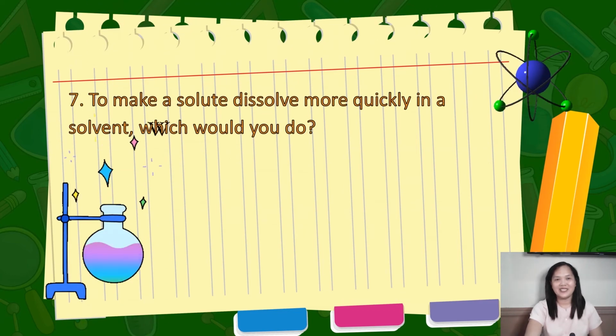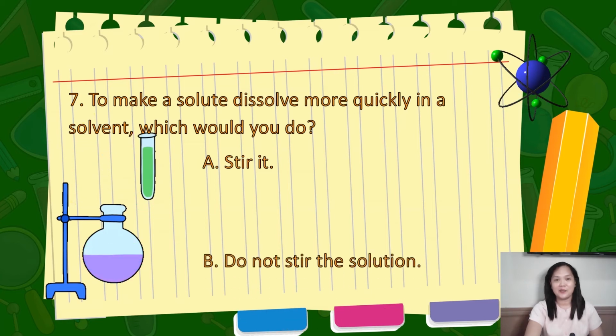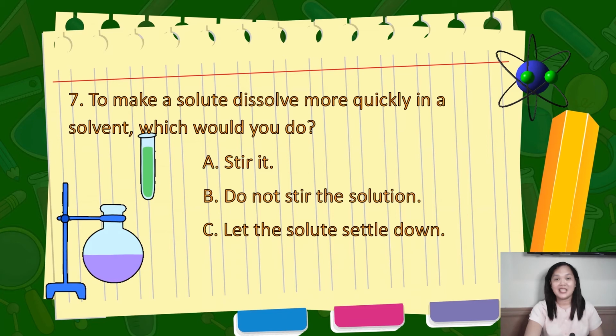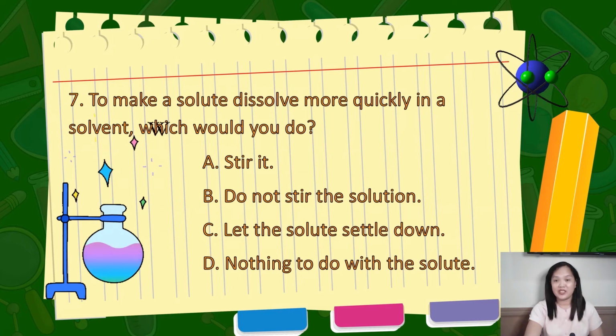Number 7. To make a solute dissolve more quickly in a solvent, which would you do? A. Stir it. B. Do not stir the solution. C. Let the solute settle down. D. Nothing to do with the solute.